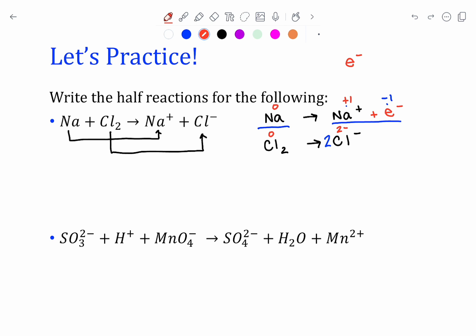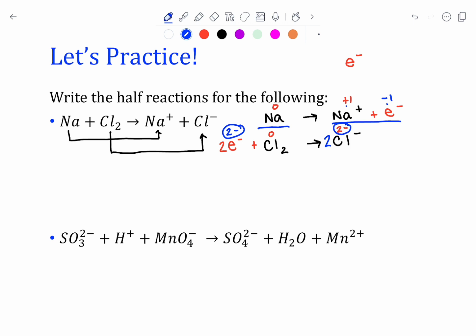So if we wanted to add electrons to one side of that reaction, what side would we have to put it on in order to balance the charge? This one would be the reactant side. We would have to add our electron to the reactant side, and we would also have to add 2 of them, so that we ended up with a charge of 2- on the reactant side to balance out the charge of 2- on the product side.